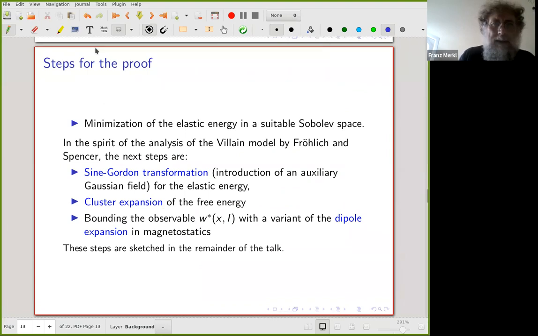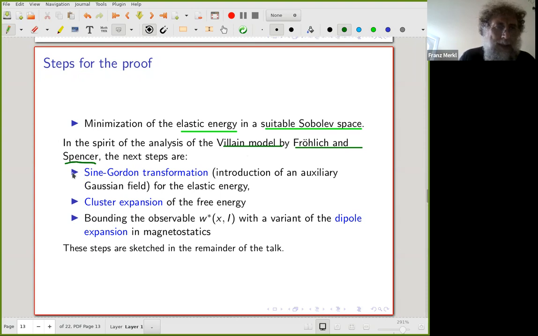So the first step is this minimization of the elastic part of the energy. This is done in a suitable Sobolev space. But some more interesting parts then are, and these actually were motivated by this analysis by Fröhlich and Spencer of the Villain model.